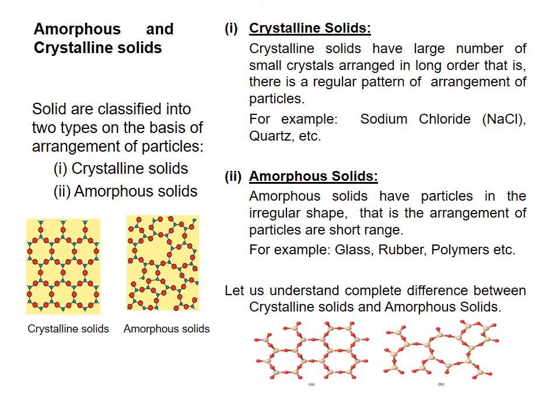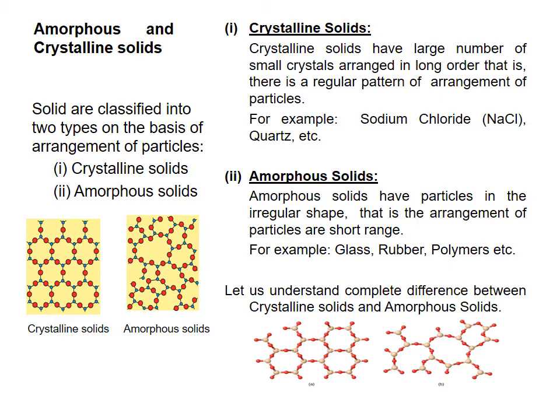Now how do we understand it from the figure? What does it show? Why are they considered crystalline? Why are they considered amorphous solids? Now see the first figure. Those solids have a regular arrangement of particles over a long range, and that is the reason why these are considered crystalline solids.